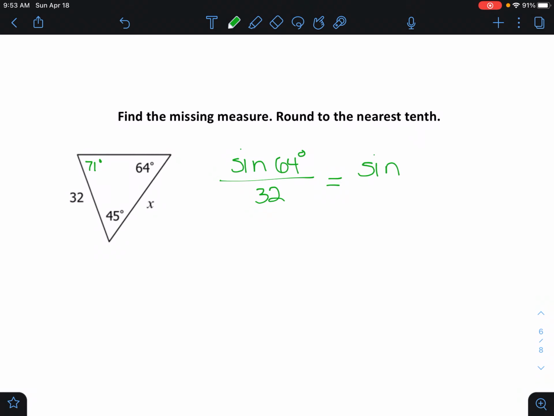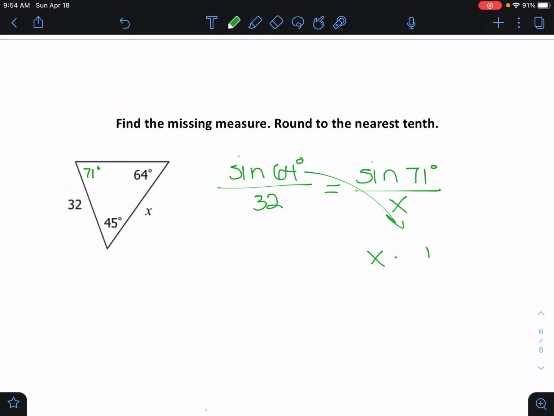So I'm going to say sine of 71 degrees over x. And now we just solve the same way, right? Cross multiply. So this would be this times this. This is going to give me x times sine of 64 degrees is equal to 32 times sine of 71.